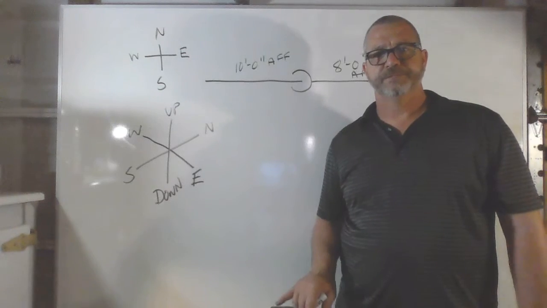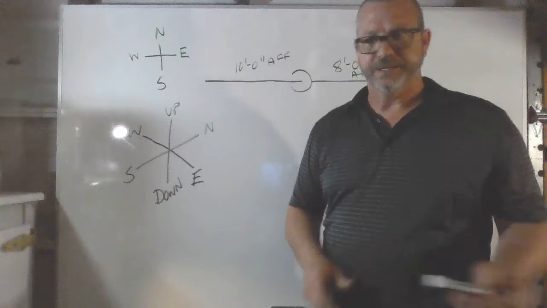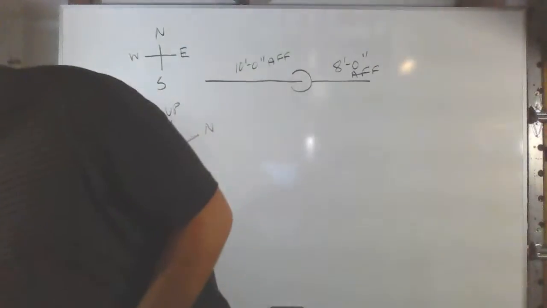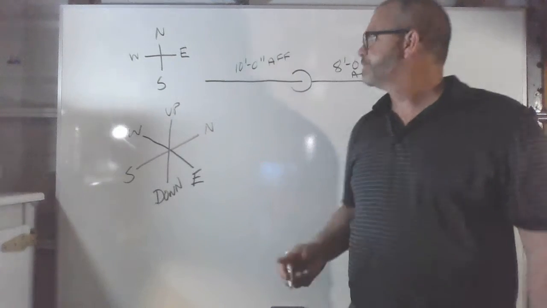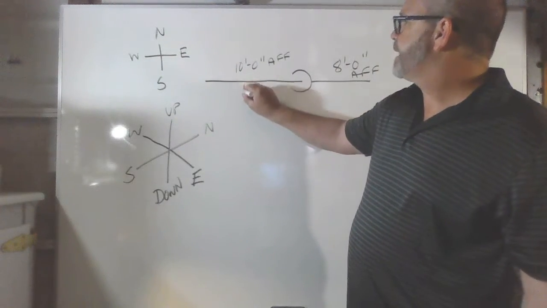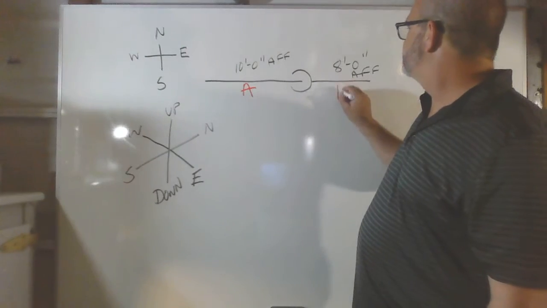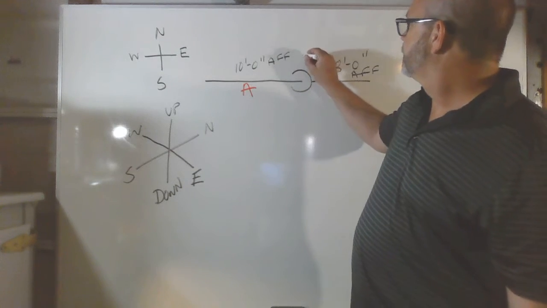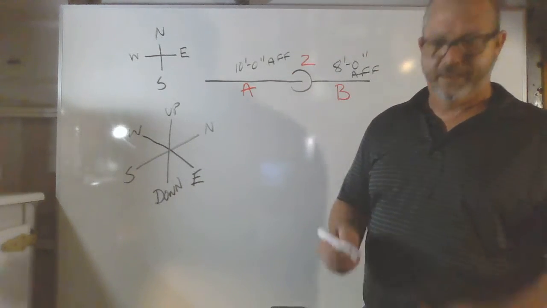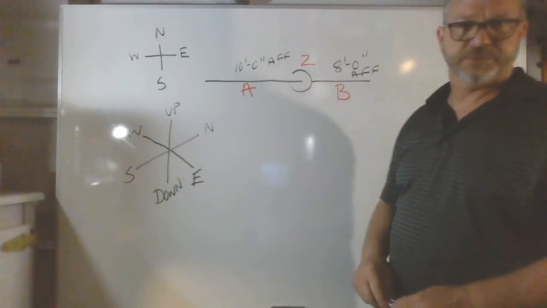So knowing this, we'll label these things, we'll give them letters. We'll use red. We'll call this piece A. We'll do this B. And we'll do this letter 2. Okay. A, B, 2.